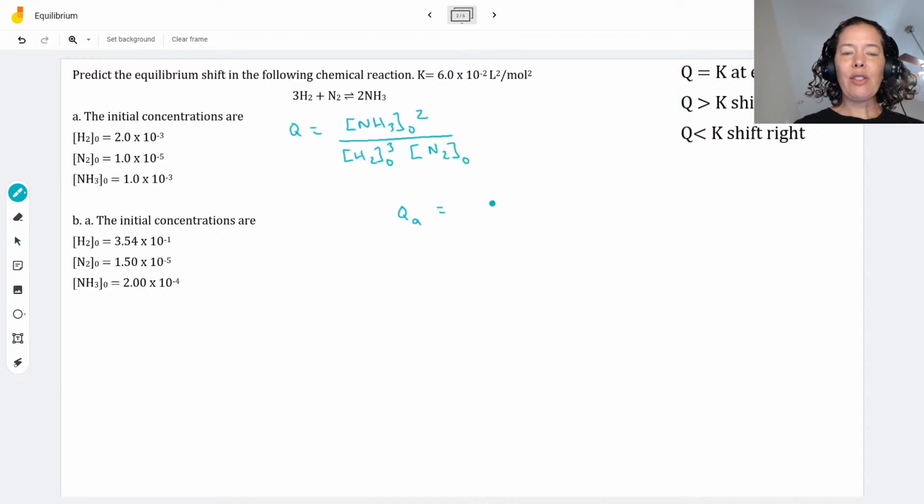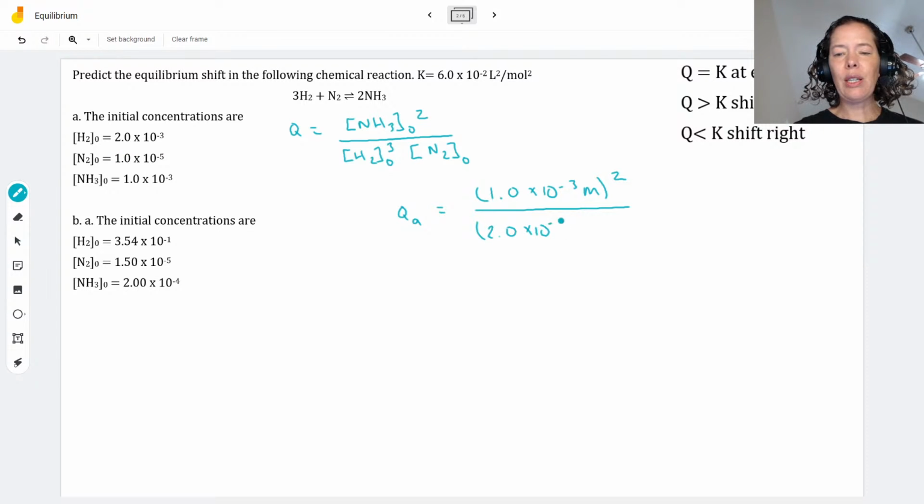Let's get these concentrations. So ammonia is 1.0 times 10 to the negative third, and that is molarity, and we are going to square this. And we're divided by our initial concentration of hydrogen, which is 2.0 times 10 to the negative third molarity, and that is cubed.